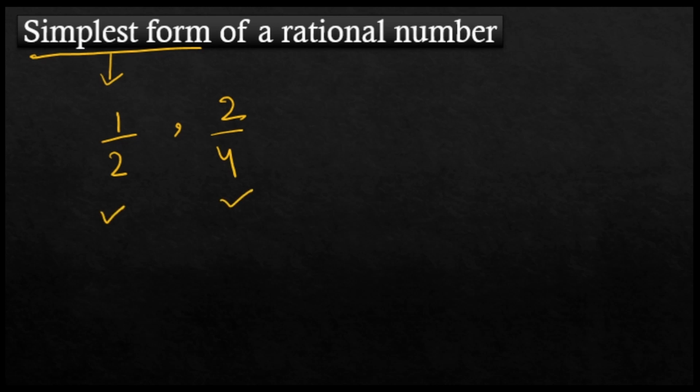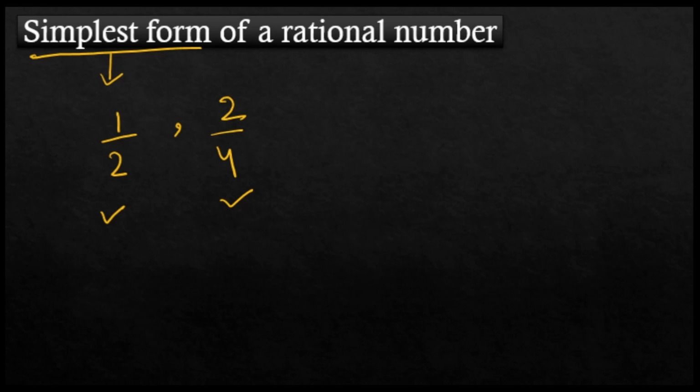Simplest form of a rational number. If we know the simplest form, then we know what the simplest form of a rational number is. So let's first talk about simplest form. If I write 1 by 2 or 2 by 4, do you find them equal? Yes, these two are equal.